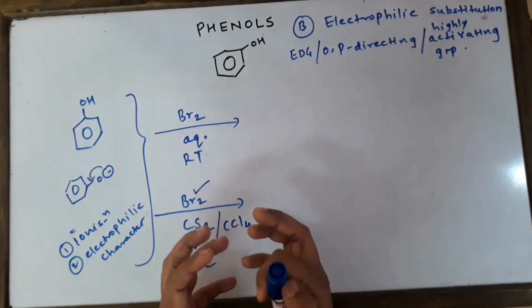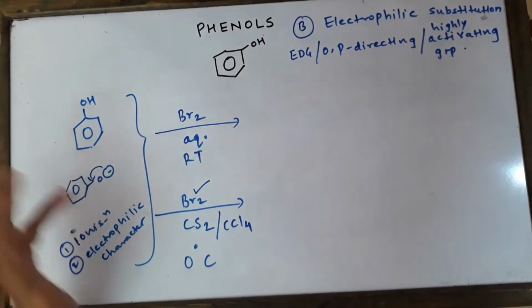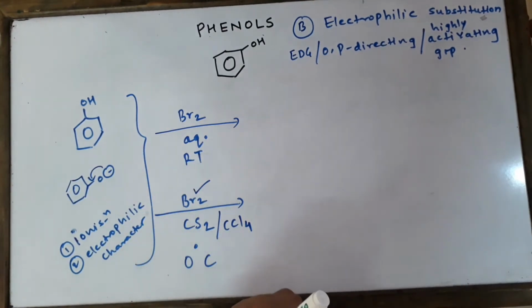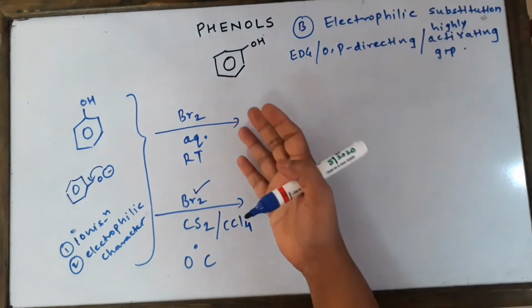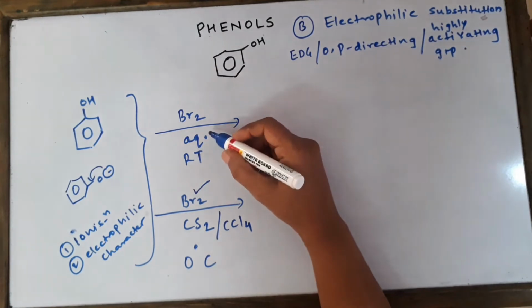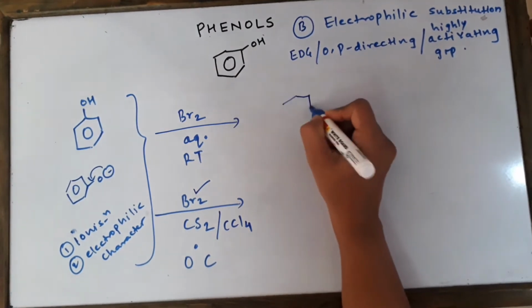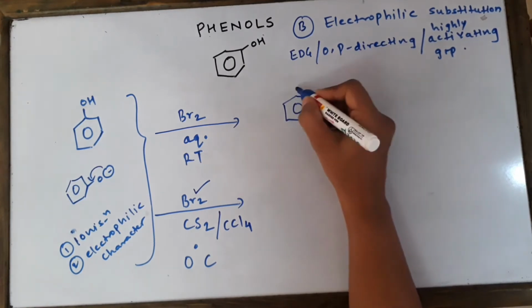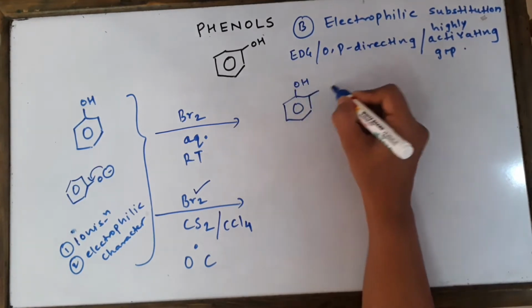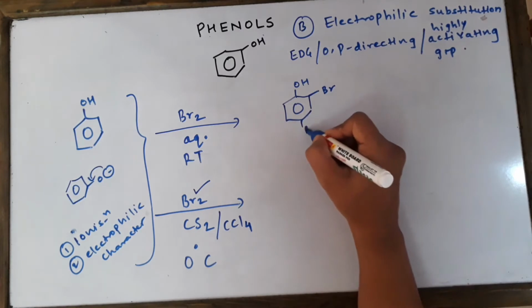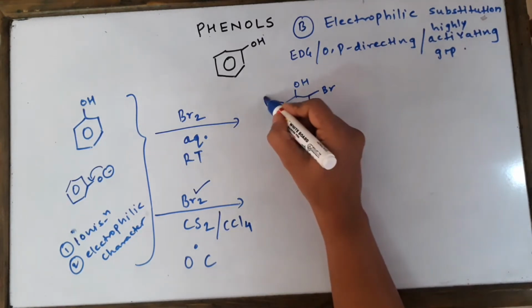So what are you interested in? You're interested in phenoxide. So bromine water is going to be a very fast reaction. That's why we are doing it at room temperature first of all, and it will lead to polysubstitution. So not only the ortho but also the para position gets substituted simultaneously.